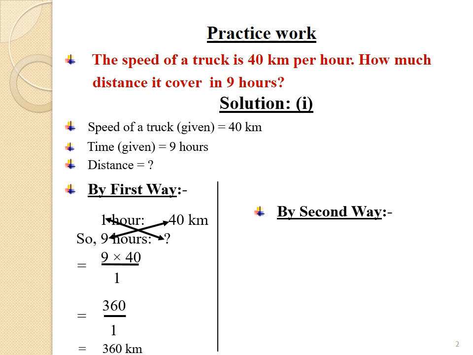Distance equals speed multiplied by time equals 40 multiplied by 9 equals 360 kilometers. The distance covered by the truck is 360 kilometers in 9 hours.